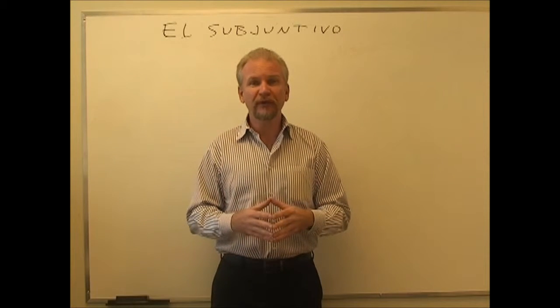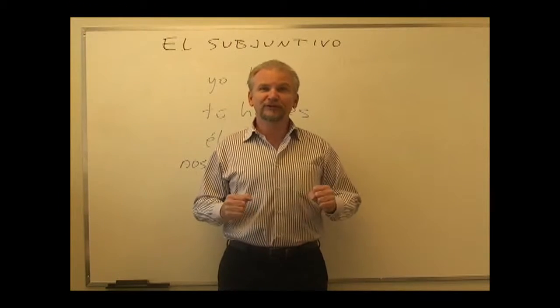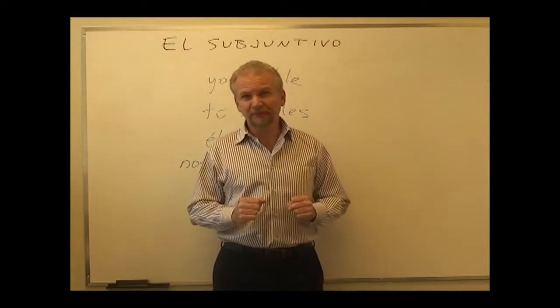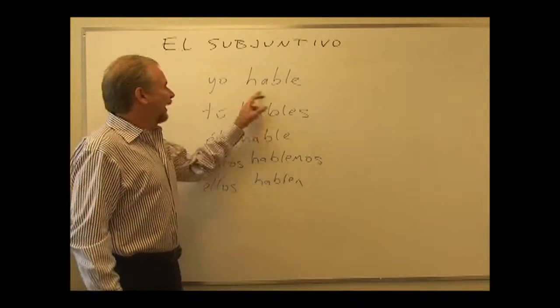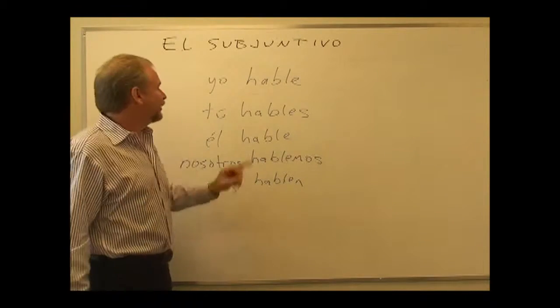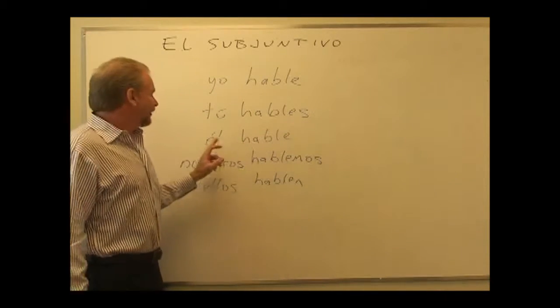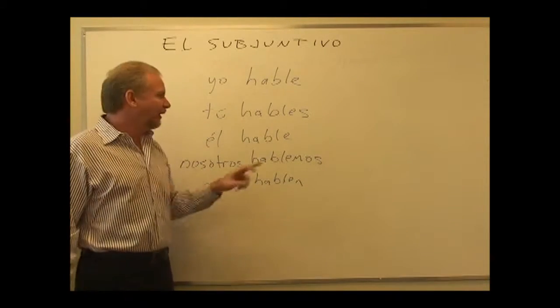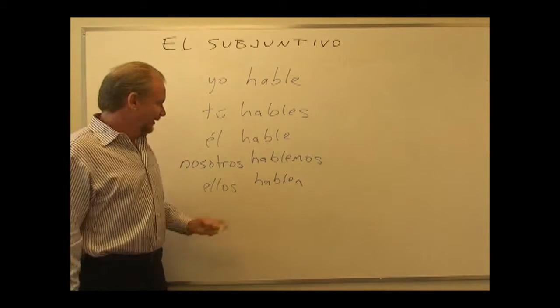o el subjuntivo. Now let's take a look at the AR verb conjugation in el subjuntivo. Well, if we take the yo form, yo hable. We take the O away, we put an A. Yo hable. Tú hables. Él, ella y usted hable. Nosotros hablemos.